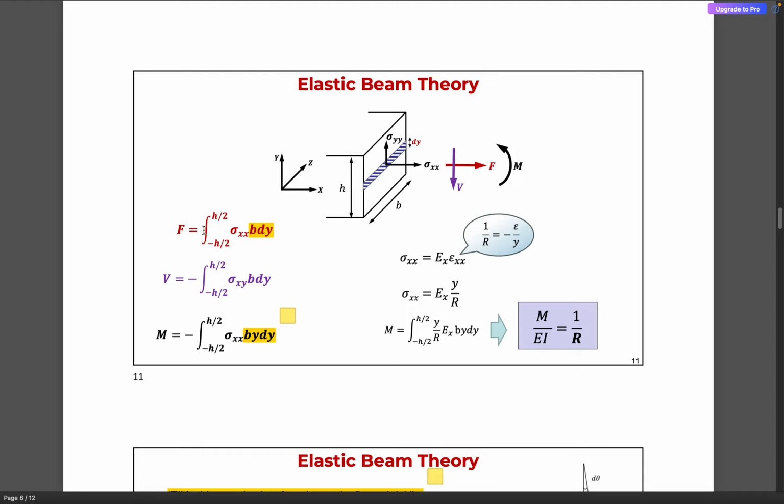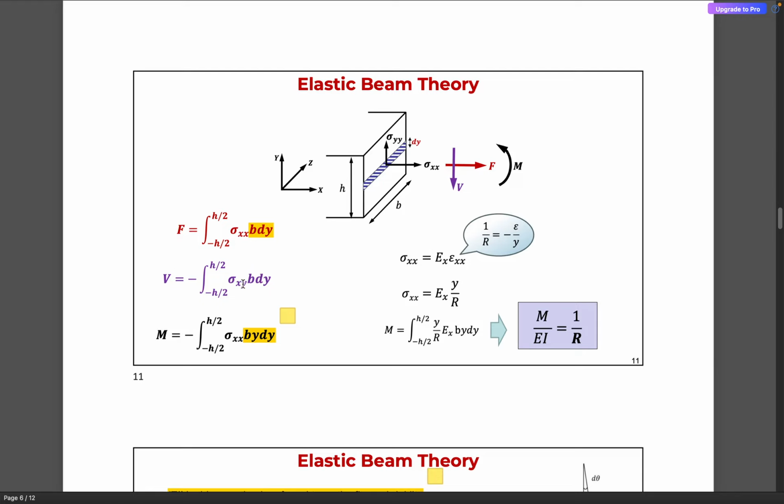When you integrate the value of sigma xx multiplied by the infinitesimal area along the height of the beam cross section, that is minus h by 2 to plus h by 2, we obtain the axial force.